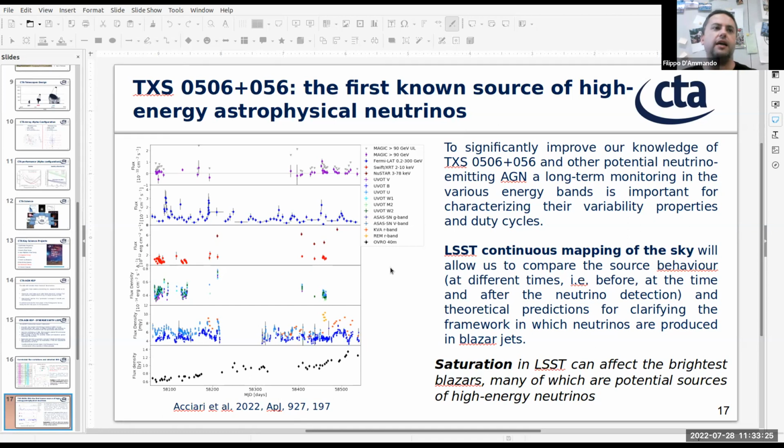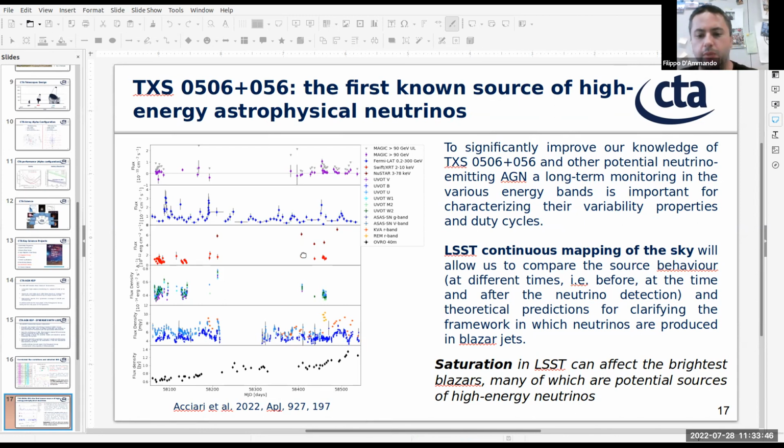Another warning that can be important for LSST is, of course, the saturation, because for the brightest blazars, saturation in LSST can be a problem, and so this is something that can affect some of the potential sources of high-energy neutrinos.